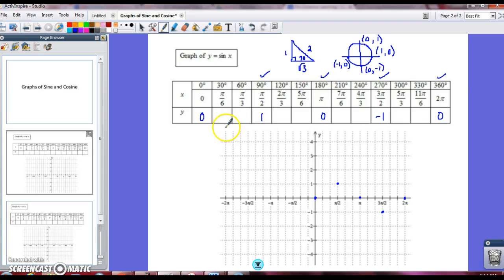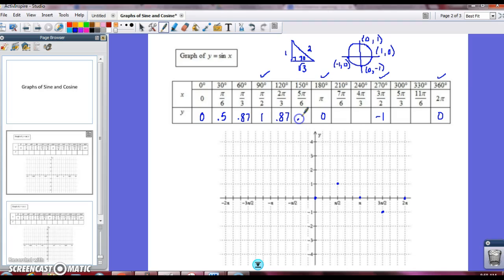Sine of 30 degrees is 1/2, so that's 0.5. The only reason I'm putting decimals here is because it's easier to graph with a decimal than to graph something like root 3 over 2. If you were to convert it to a decimal, that would be 0.87. Then 120 is in the second quadrant, so your reference angle is 60, and sine is positive in the second quadrant.